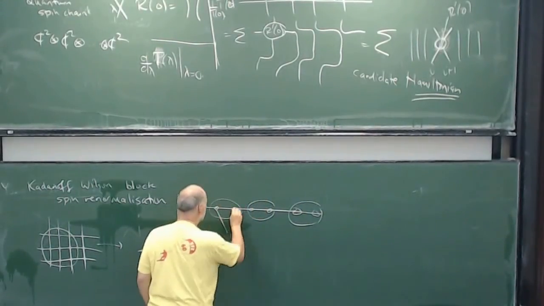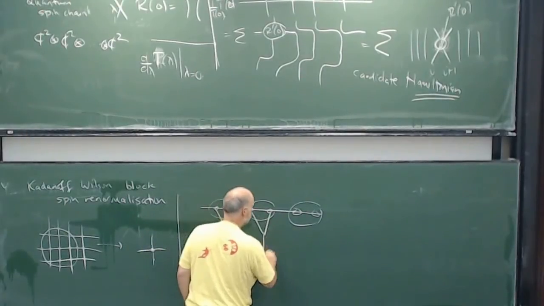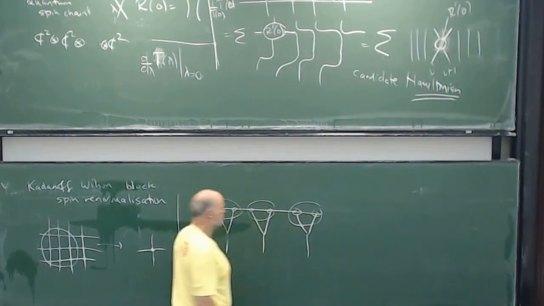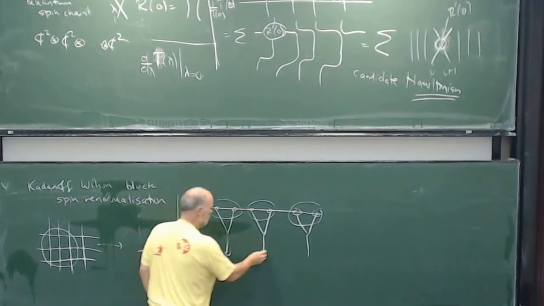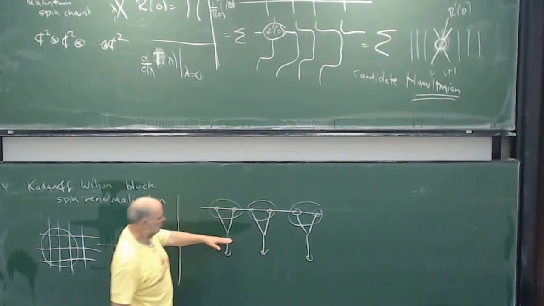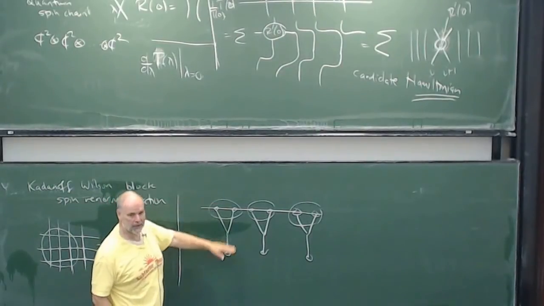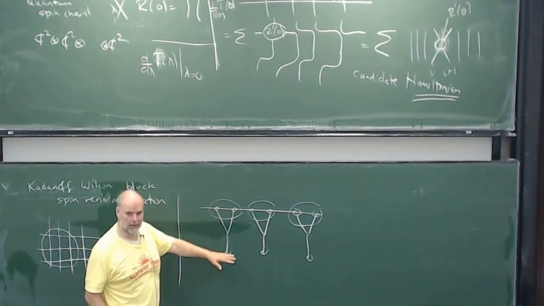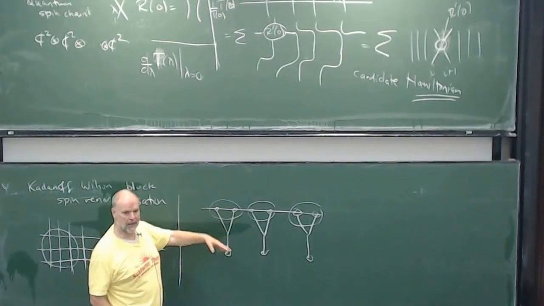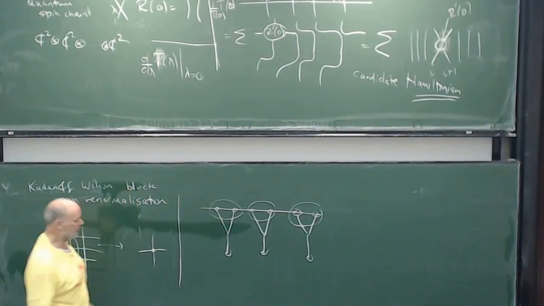That becomes a single spin here. And then we look for Hamiltonians or transformations or whatever that are invariant under this change of scale. If we can find them, then that should have something to do with criticality.